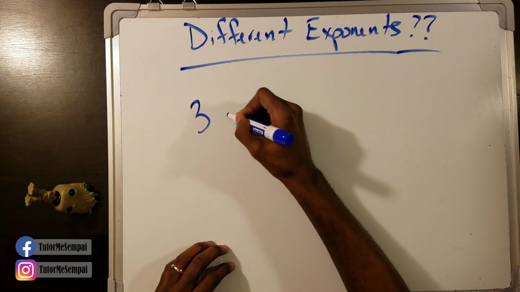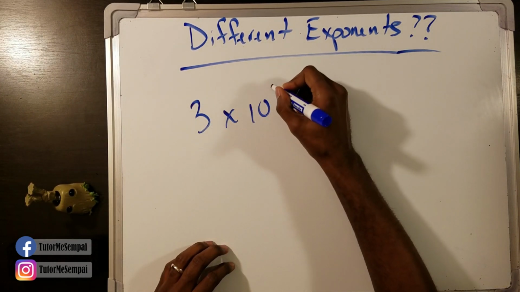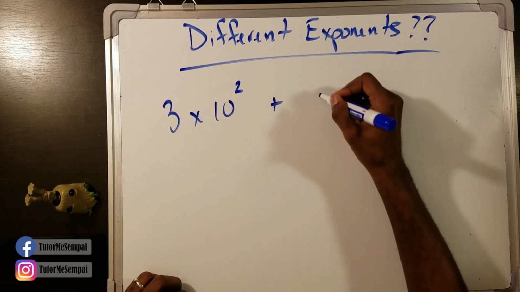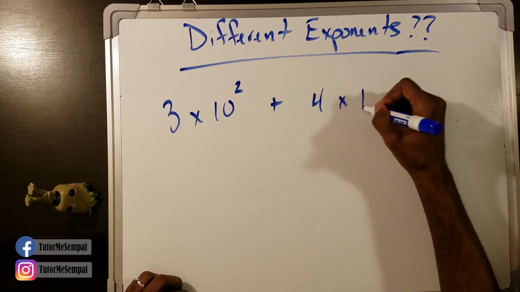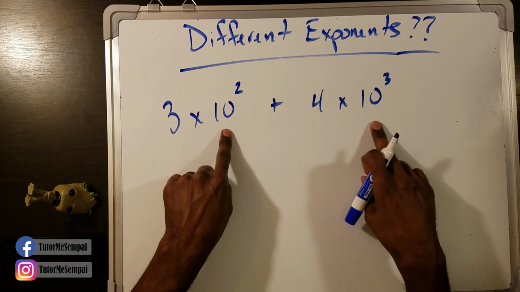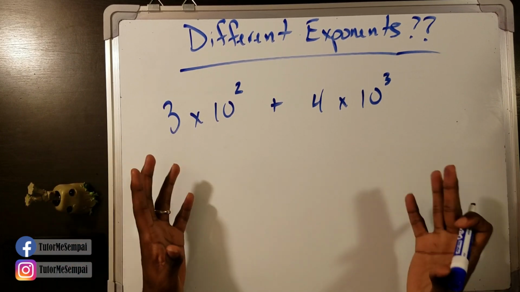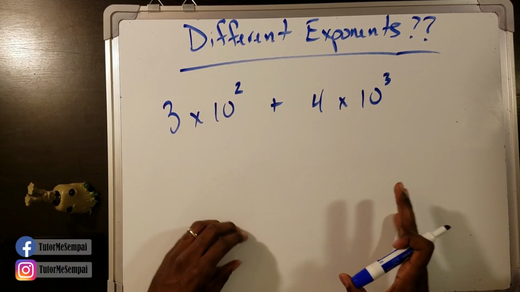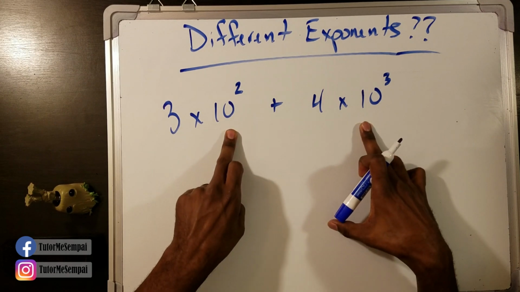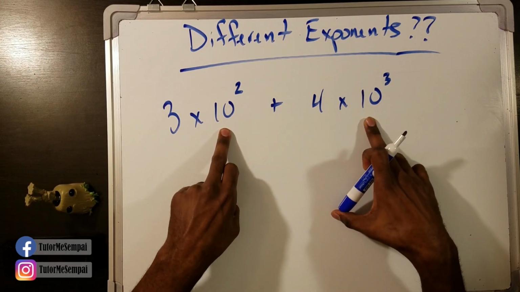So going back to 3 times 10 squared plus 4 times 10 cubed. If these were x's, we wouldn't be able to add these because we don't know what that x is. But because we know that they're definitely 10s and they're both the same, we can add this.